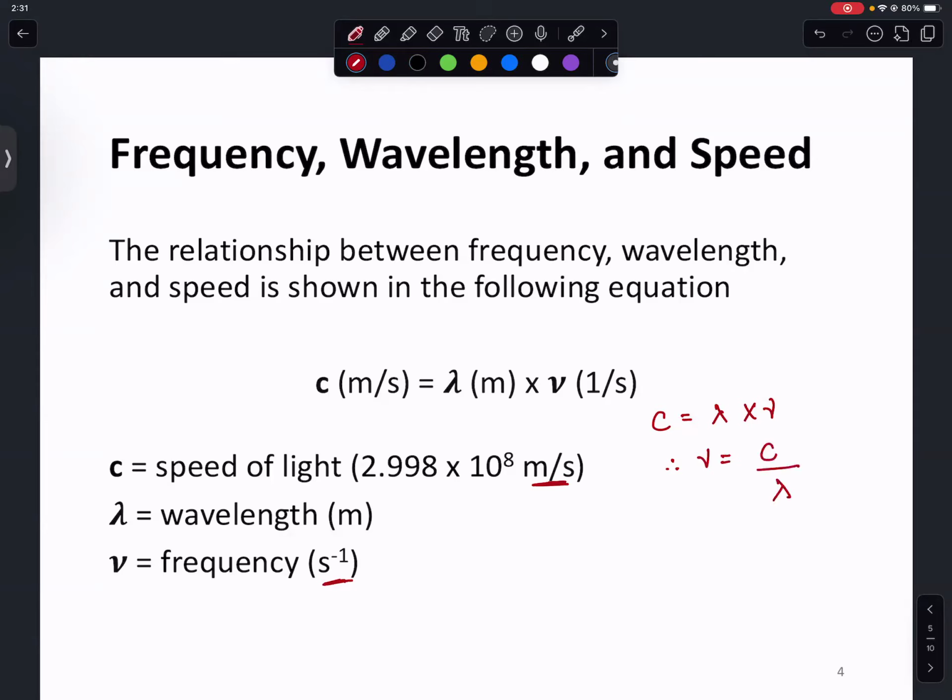I want to re-explain what I had on the previous slide. If I have a higher frequency, I will have a lower wavelength, since the frequency is inversely proportional to the wavelength, and vice versa. If I have a longer wavelength, I'll have a lower frequency, and of course c is a constant.